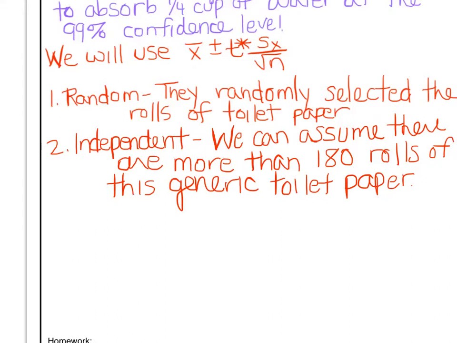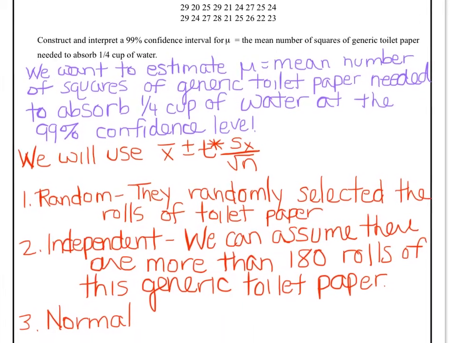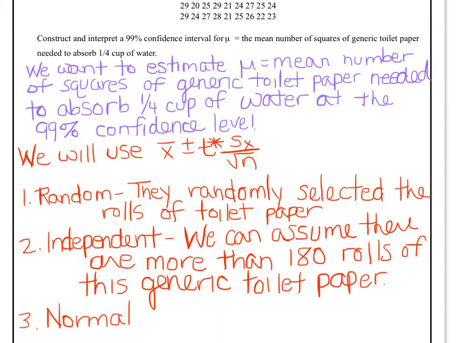Okay, then the final one is normal. And I want to make sure I graph my data. So I'm going to use, based off of what we have here, a dot plot. And I'm going to graph it up here just for the point of being able to see the data as I graph it. So I'm going to do a dot plot. And I'm going to start at 20 and go to 30.